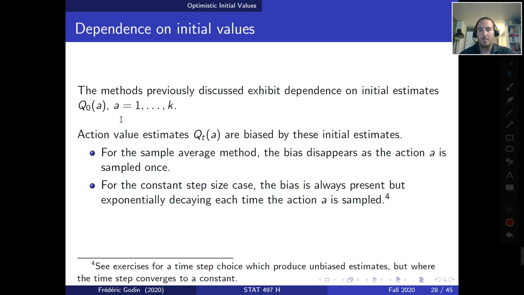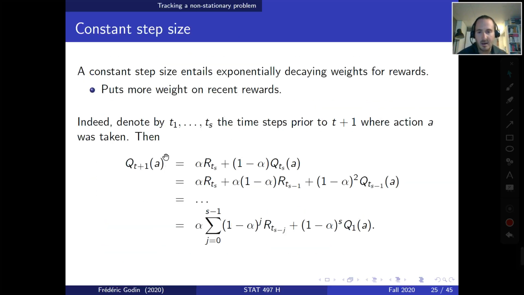For the sample average method, when all rewards have an equal weight, the bias disappears as soon as the action A is sampled once, whereas for the constant step size, where rewards are exponentially weighted, the bias is always present. The impact of the bias is exponentially decaying with time, but it's always present. In the exponential weighting scheme, the current estimate always depends on the initial estimate, but its weight decreases exponentially through time.